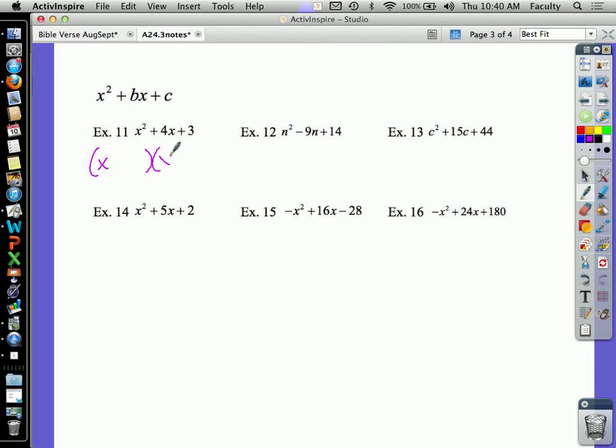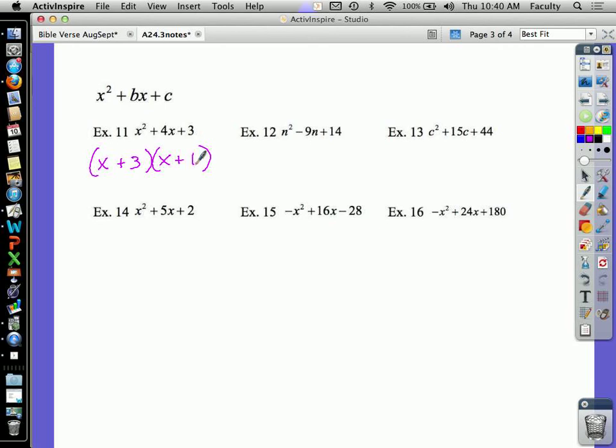Please check for a perfect square trinomial, otherwise it'll make your life real difficult when you're trying to work with some of those. Now you're asking yourself, when there's a 1 in front of x squared, what two numbers multiply to positive 3 but add up to positive 4? Carmel? 3 and 1. Now remember what I told you.